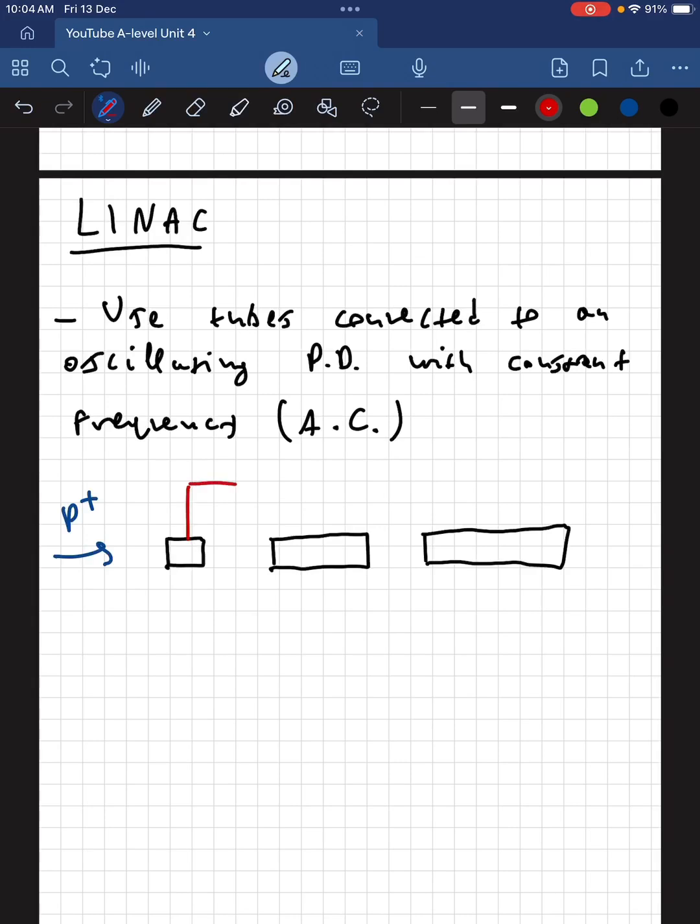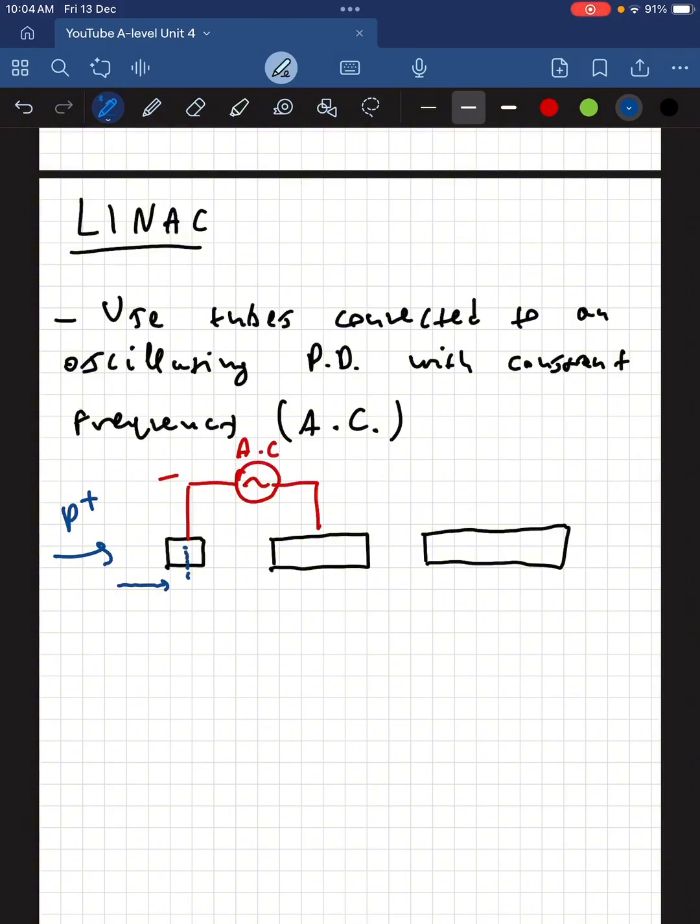And we connect these tubes with an oscillating potential difference, okay? So this is the symbol for an AC voltage. Since this is a proton, it's positively charged, so we start with the potential difference being negative on this side, so it attracts the proton and accelerates it towards the first tube, okay?